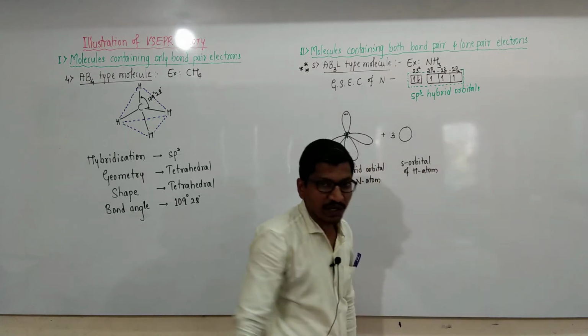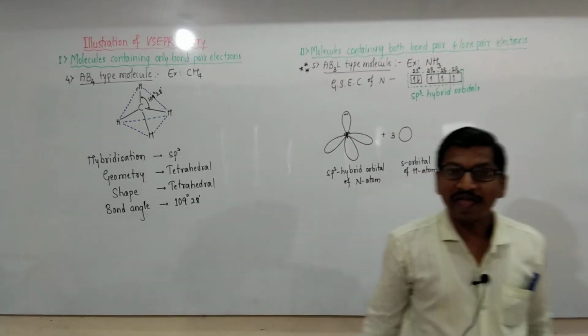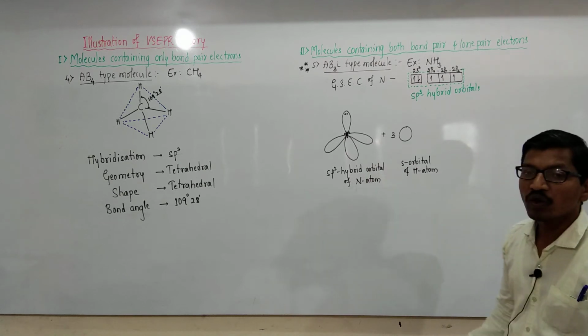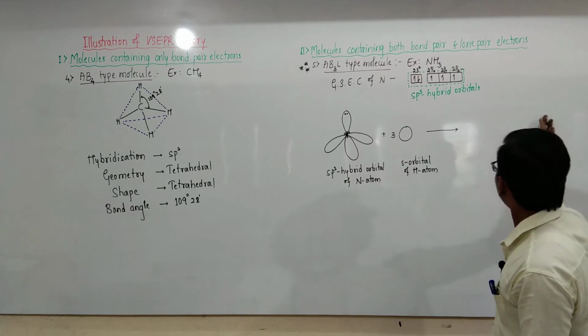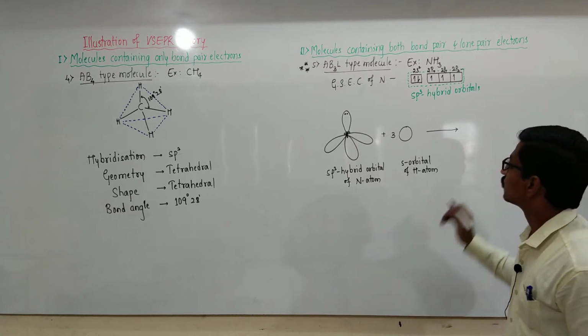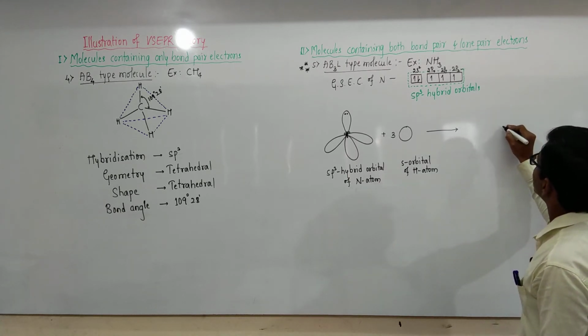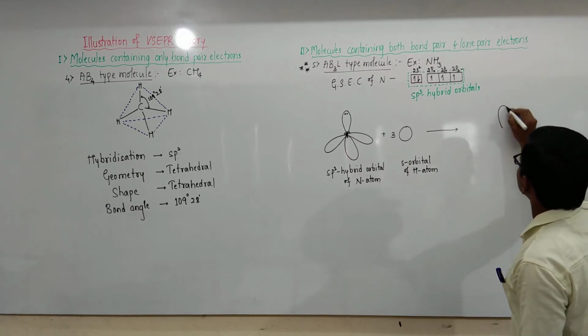These 3 unpaired sp3 hybrid orbitals directly overlap with unpaired atomic orbital of 3 hydrogen atoms to form 3 N-H sigma bonds.